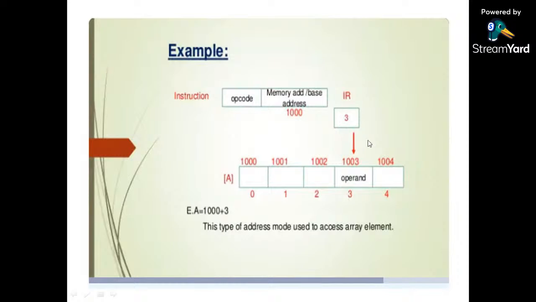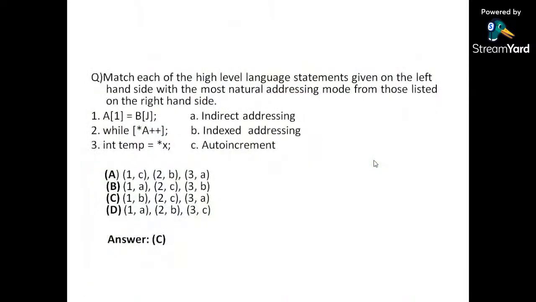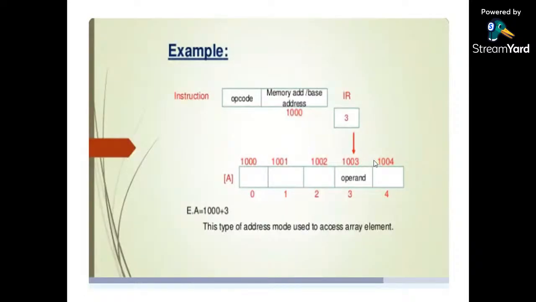So you will keep adding the value specified in the instruction to the base register, and that is how you will obtain the address of the next instruction. Quite similar to what we have studied in the auto increment and auto decrement addressing mode.